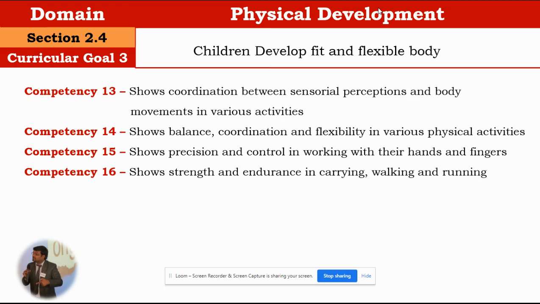So the next, the 16th one, which is the last competency under the domain physical development, is shows strength and endurance in carrying, walking, and running. You know what all it means?